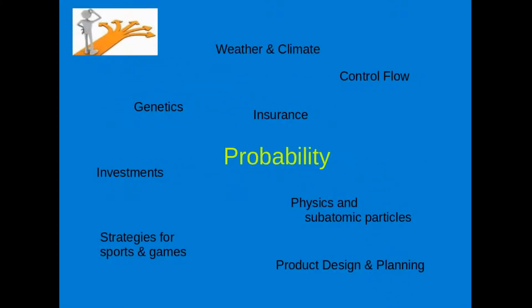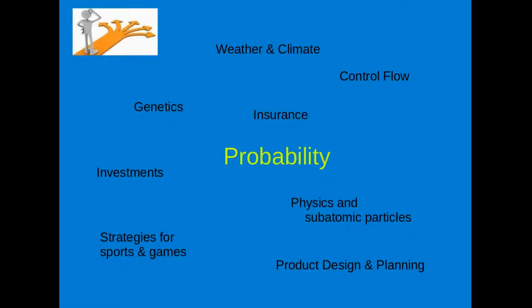Where is probability used in real life? Well, it's used in places like insurance and calculating the likelihood of an insurance payment being made, investments and how successful or what the risk of the investment is, product design and planning, like how much of a particular product we need or what size we need, and how many we think we can sell.